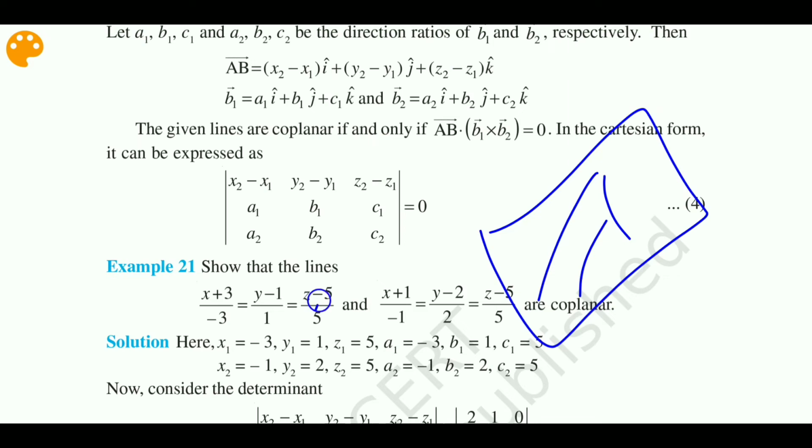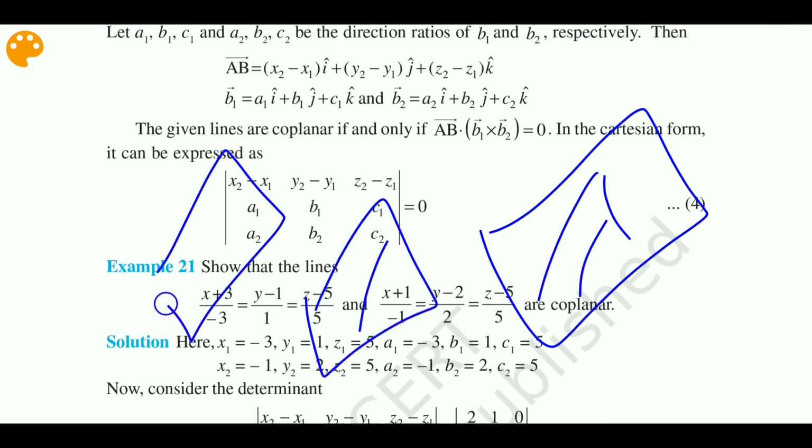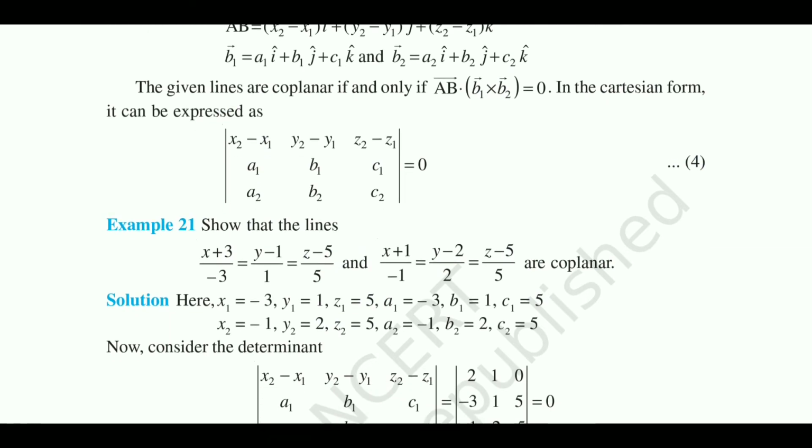If one line is on this plane and another on another plane, there will be an area, but on the same plane the area will be 0. So we will use the determinant method, and the formula will be x2 minus x1, y2 minus y1, z2 minus z1, a1 b1 c1, a2 b2 c2.